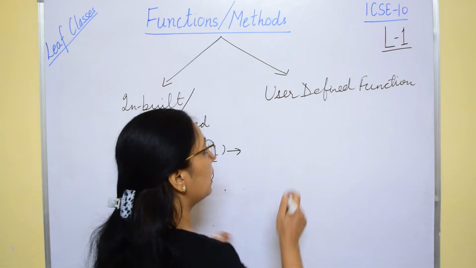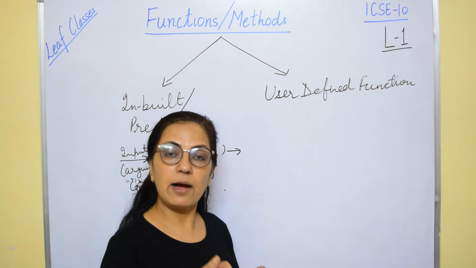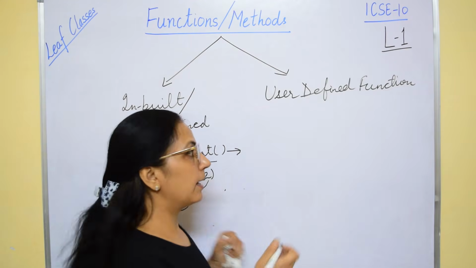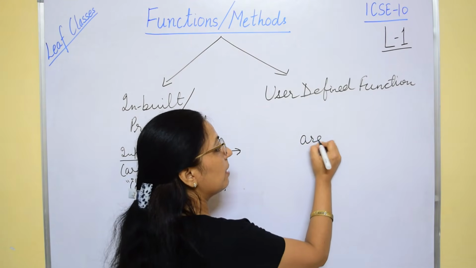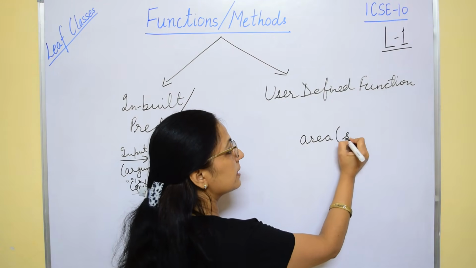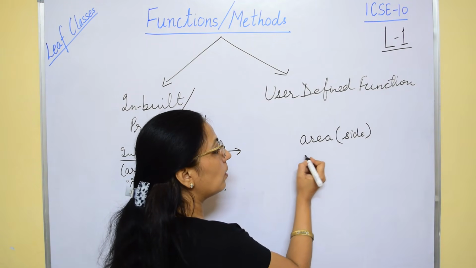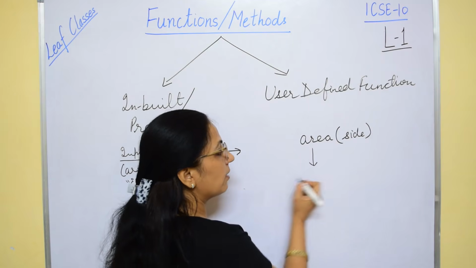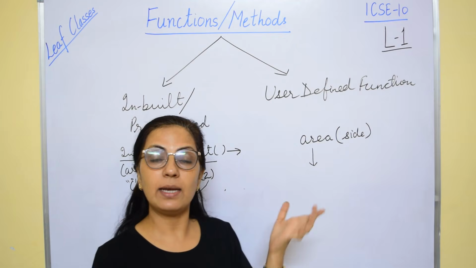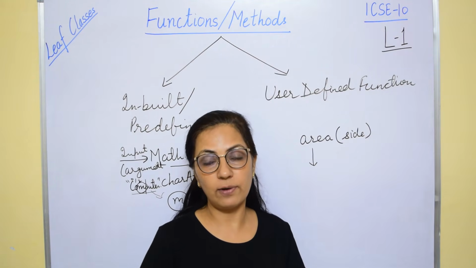Okay. So in user-defined function, suppose I want to create a function for calculation of area of a square, right? So if I write the name as area, and I want to give the side value to this side of a square, and it calculates the area and gives the result, then this is a user-defined function, because we don't have any such function in the language which will calculate the area of a square.